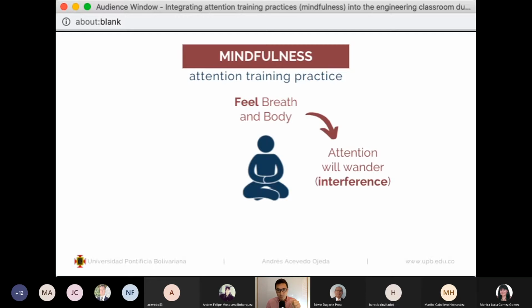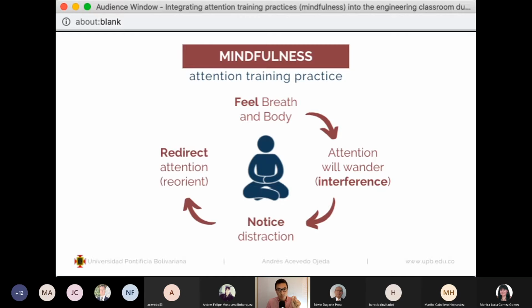Very soon after that, your attention will wander to something else. You will get distracted either by external or internal interference. Whenever you notice that you have been distracted, you redirect or reorient attention to the breath and you begin again.